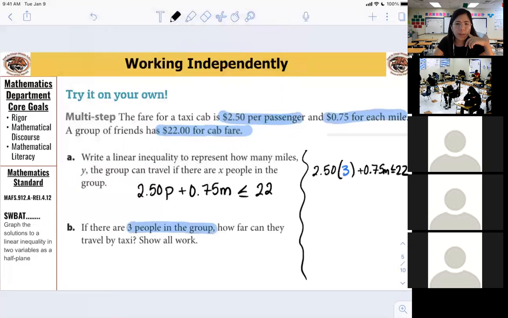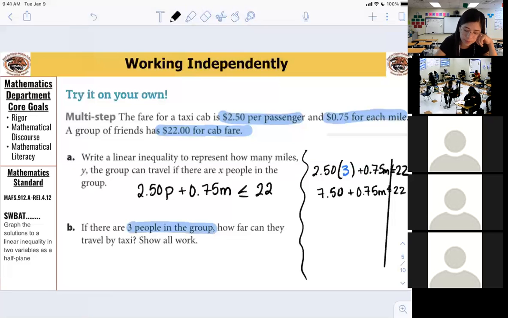And then what did we get for 2.50 times 3? 7.50. So 7.5 plus 0.75 m is less than or equal to 22. All right, and then like Christopher said, the next step is we're going to subtract that value from both sides.